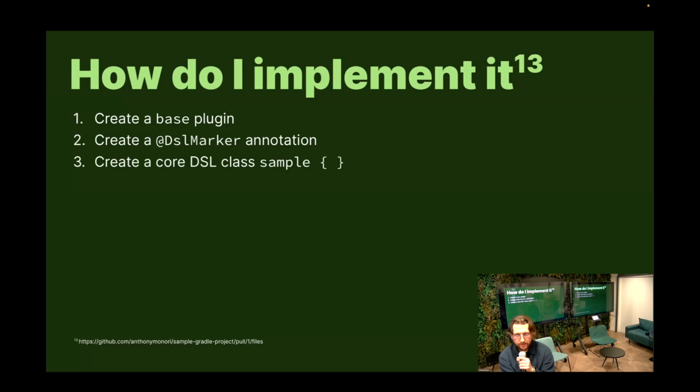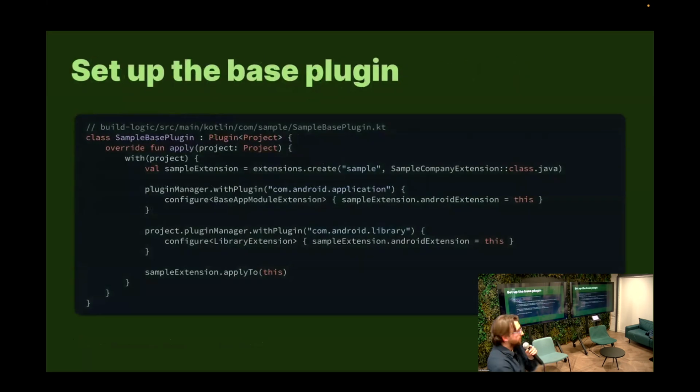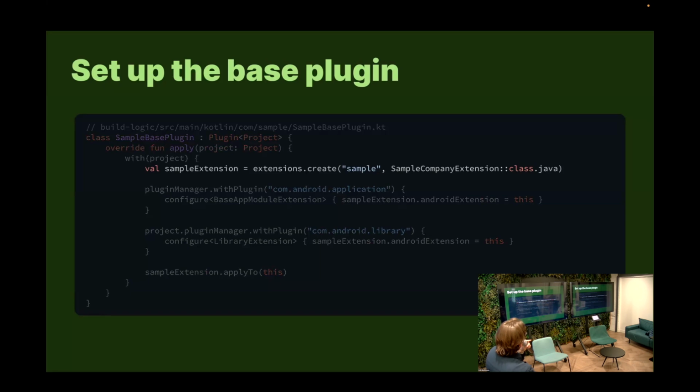Then you create a core DSL class. We create a nested one for the feature, and then create the features itself. We're going to quickly take a look at it. The sample plugin is just a plugin as before. The only difference here is that we are creating an extension, that line, where we define how our extension should be entered into.